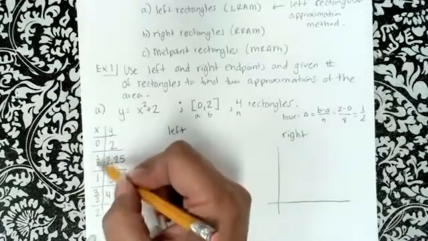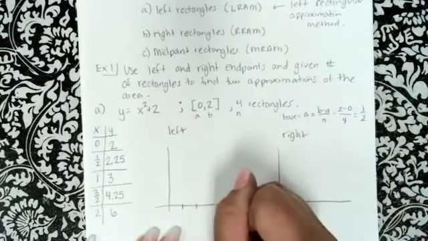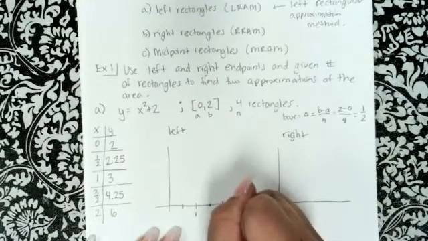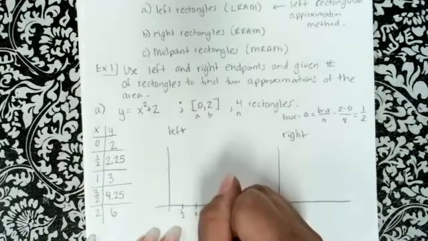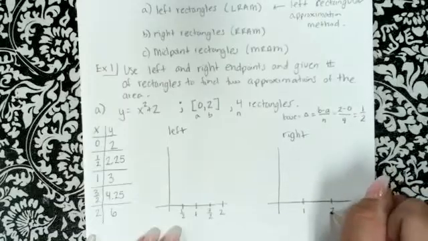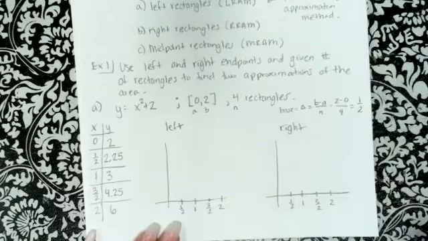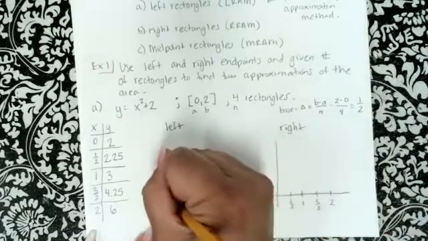And my x-axis, I'm going to go by halves. I need to make sure I go all the way up to 6.